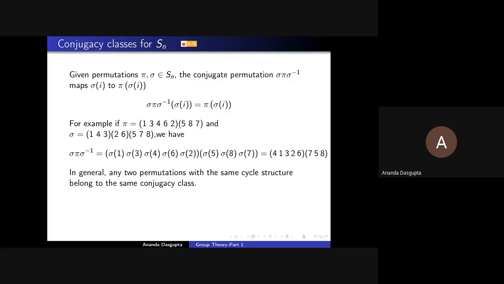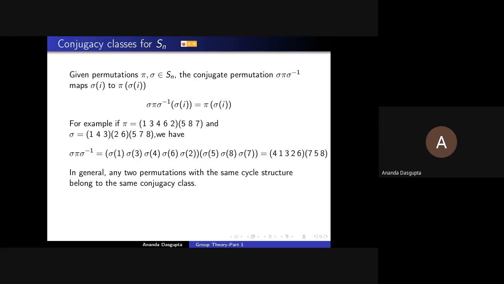What that means is, this is why cycle structure is so important. If you want to identify the conjugacy classes, all you do is look at whether they have the same cycle structure or not. And what is the cycle structure here? It says that this is a 3 cycle and a 5 cycle, right? You have 8 elements, and 5 plus 3 gives you 8. So basically, you are breaking up the number 8 into 5 plus 3.